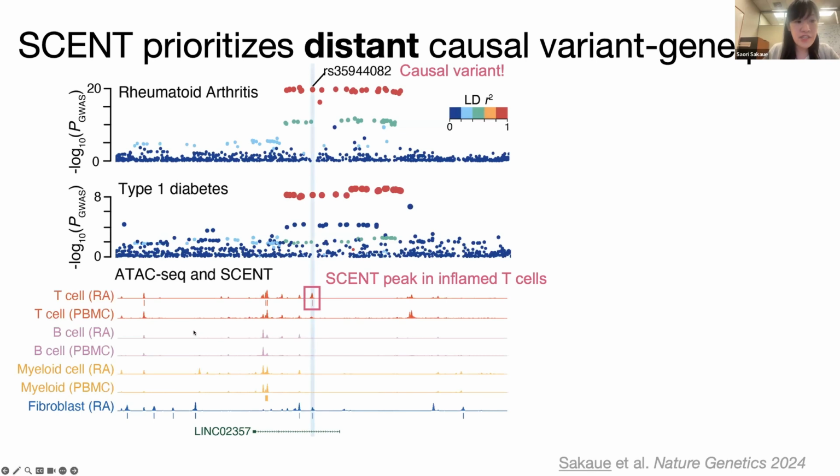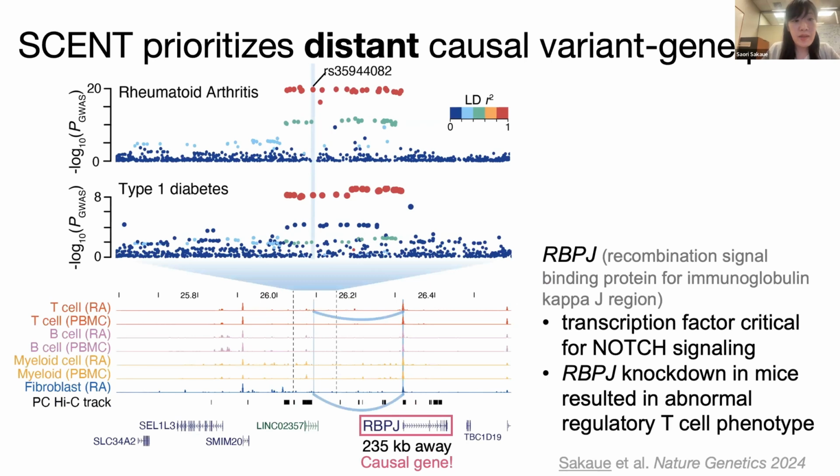However, when we used SCENT, especially in T cells from rheumatoid arthritis patients, we were able to find a single functionally active enhancer that harbors a single causal variant at this locus. And it is only observed in the inflamed T cells in RA patients, but not in other cell types. And more than that, we linked this causal variant to the target gene RBPJ, which is a transcription factor critical for immune signaling.